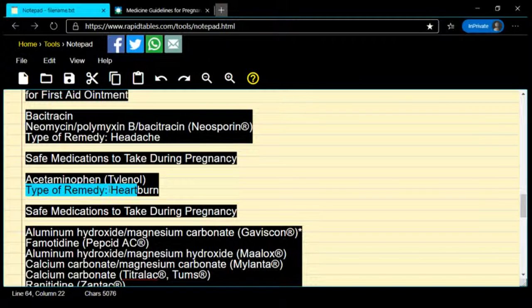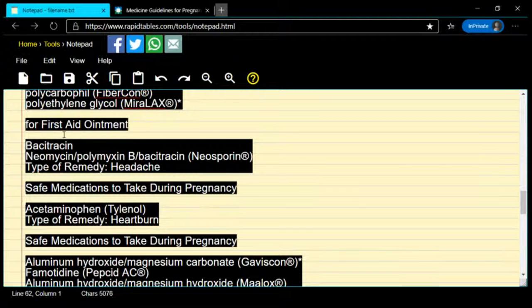Type of remedy, heartburn. Of course, these are the first aid ointment medications, being bacitracin, neomycin, polymyxin B, bacitracin, Neosporin.